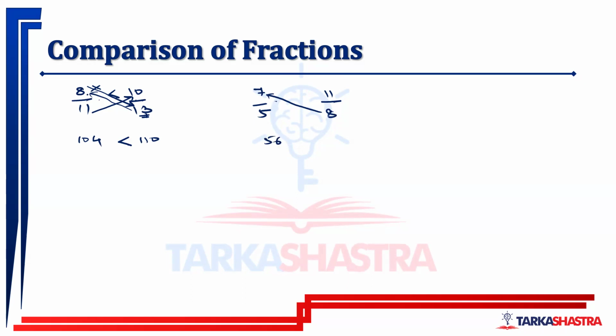Again, if you observe, I am taking the denominator to the numerator, not the other way around. 7 into 8, 56. 5 into 11, 55. 56 is greater, so 7 by 5 is greater. Whichever product is greater, that fraction will be greater. It is as simple as that. Okay. I hope you have understood the comparison of fractions. Here we just have to tell which fraction is greater, which fraction is smaller.